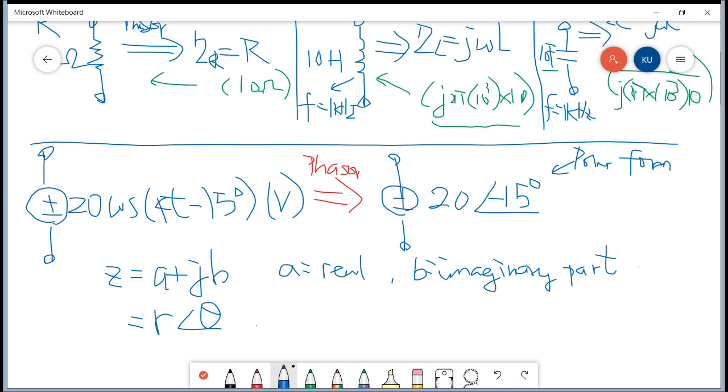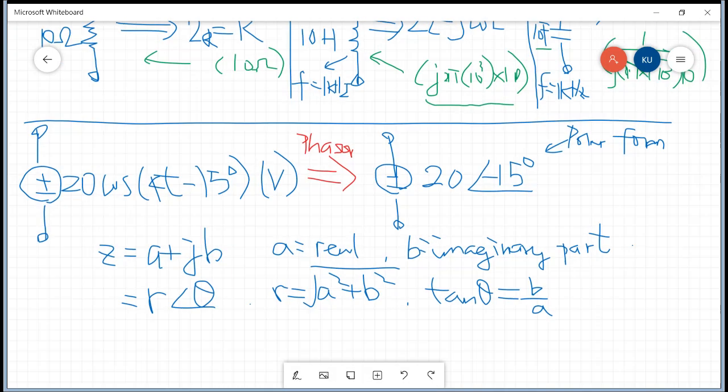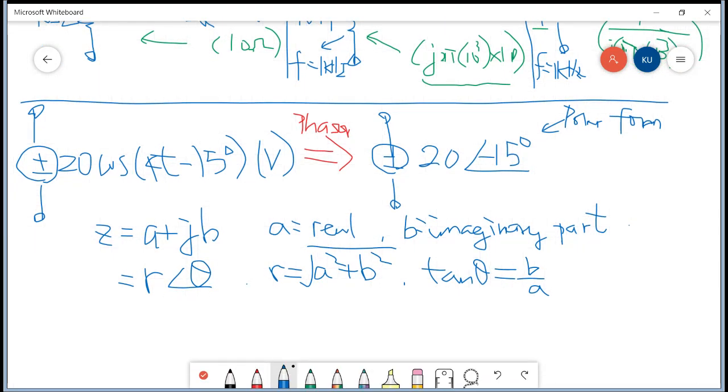In this case, R equals the square root of A squared plus B squared, and tangent theta will be B over A. Usually the textbook writes theta equals arctangent B over A, but it is not exactly correct.